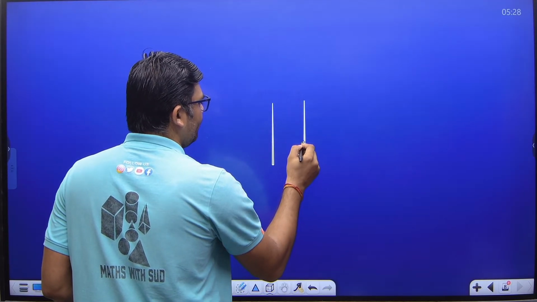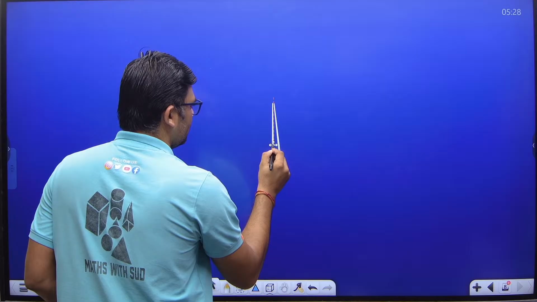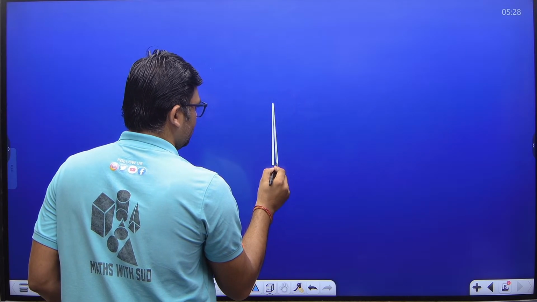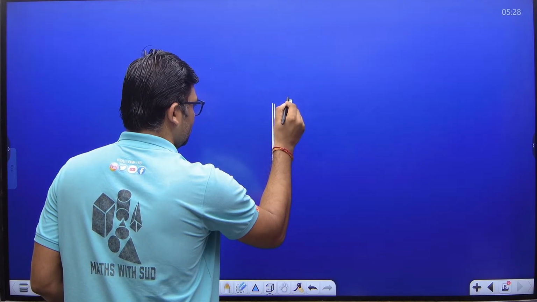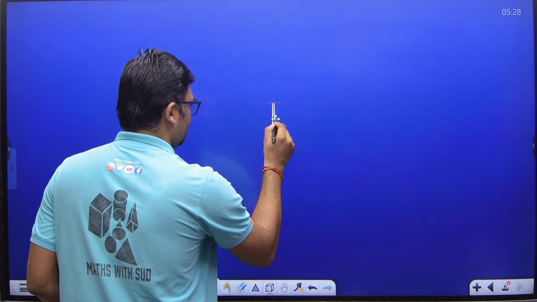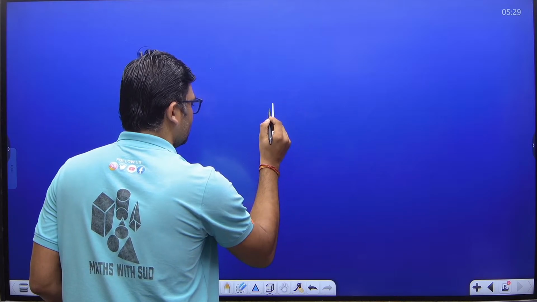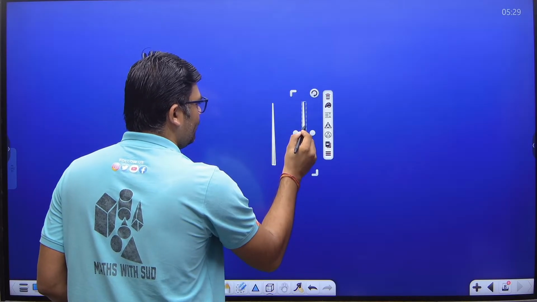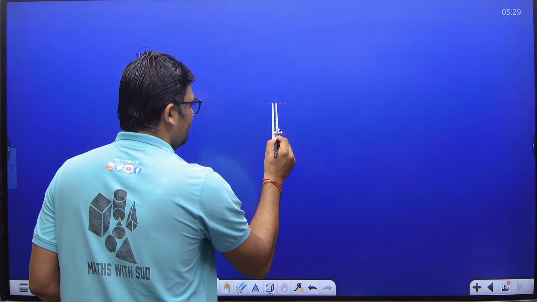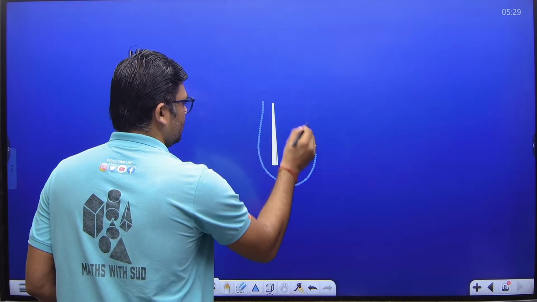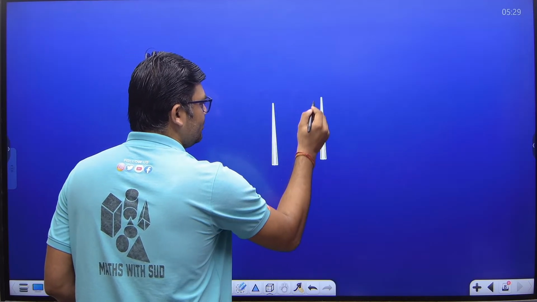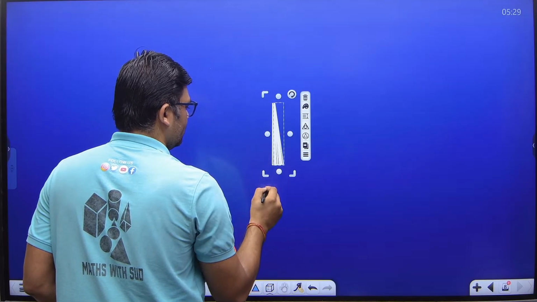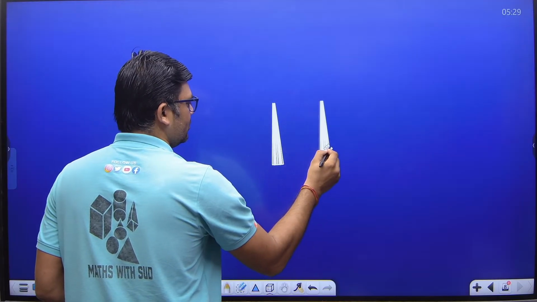I am making a copy of it. Again I am making a copy of it. You just have a focus here or you will miss out the animation. I am just making a copy of that first triangle only.